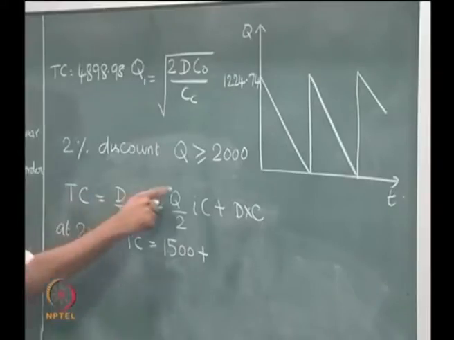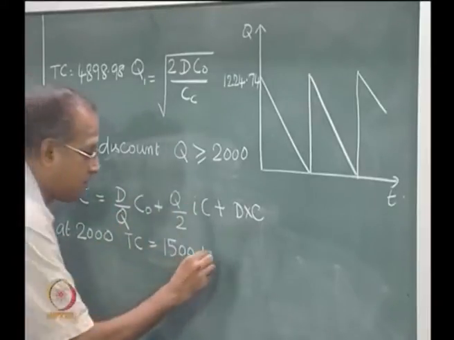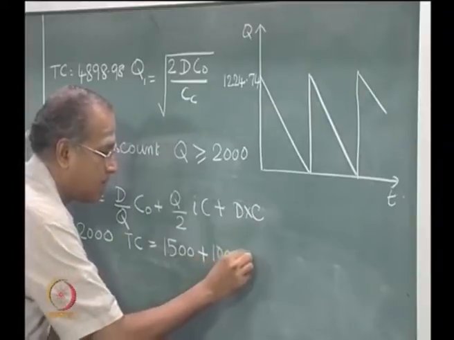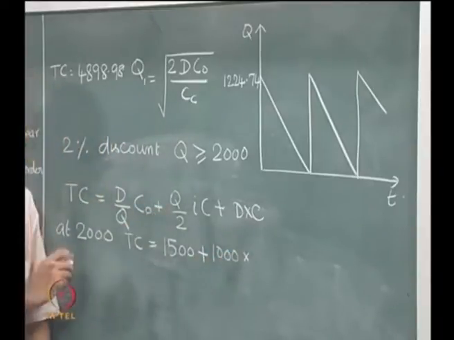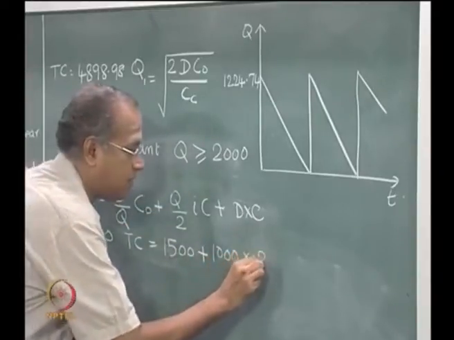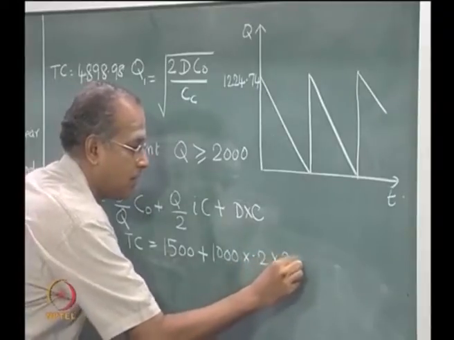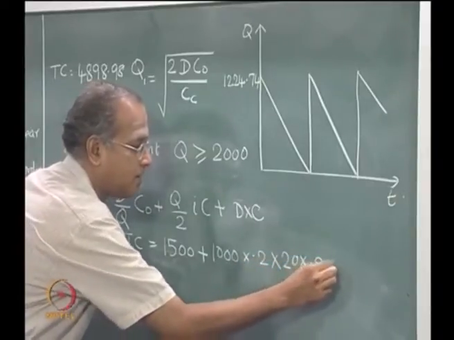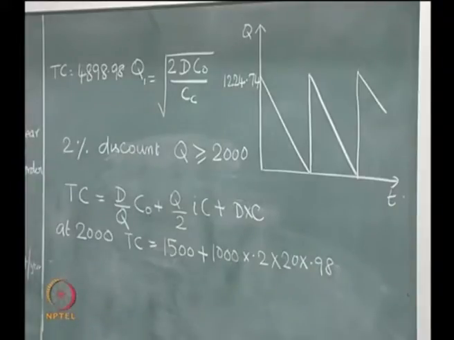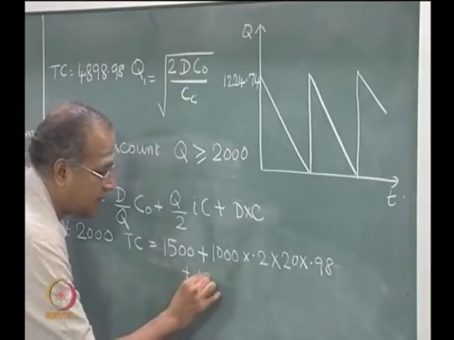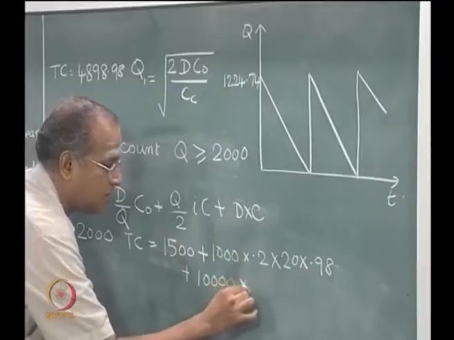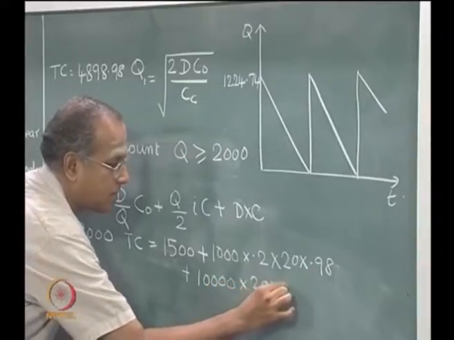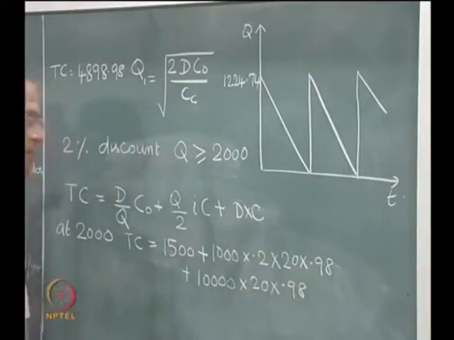Therefore, Q by 2 into I into C will become 1000 into 0.2 into 20 into 0.98, plus D into C, 10,000 into 20 into 0.98.